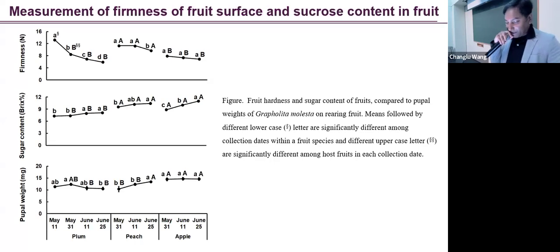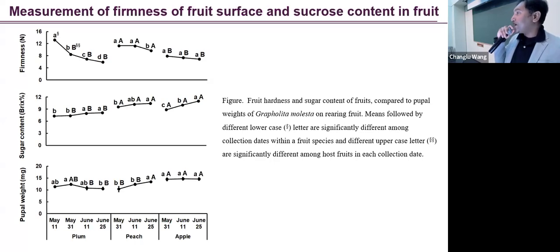I want to describe the peach one. If you see peach, the earliest, on May 31st, has higher firmness and the sugar content is also a little bit higher, but the pupal weight is very low. But as time goes on, when we collected the fruit on June 11, the firmness goes down a little bit and the sugar content goes higher.